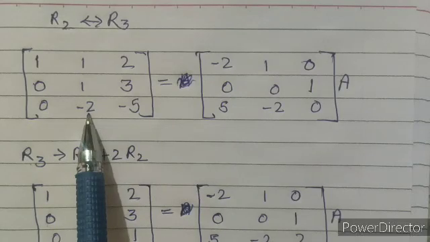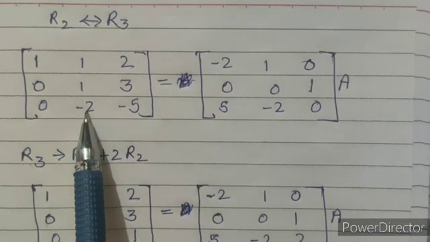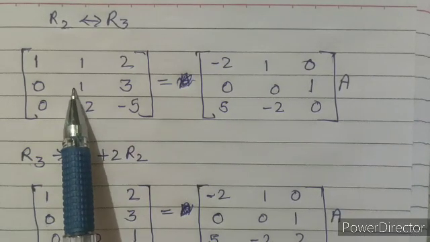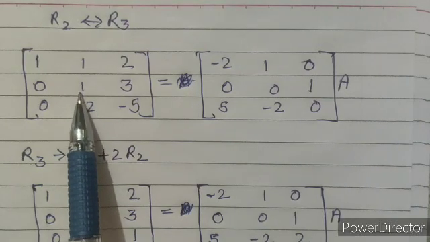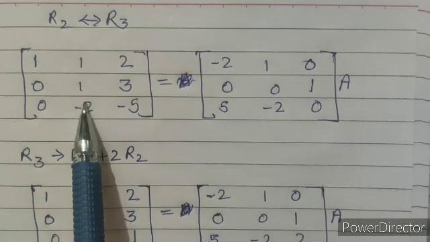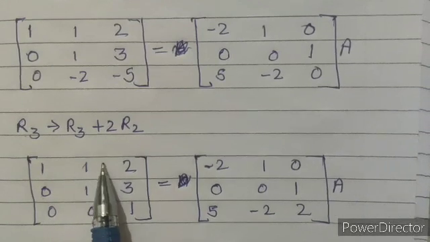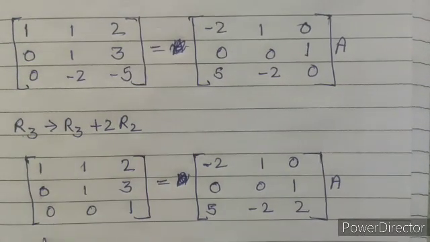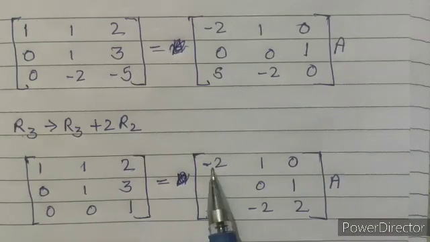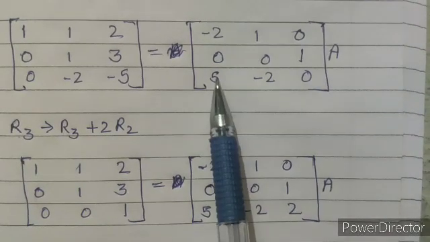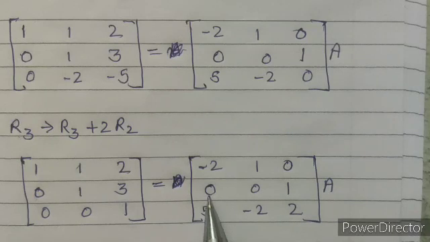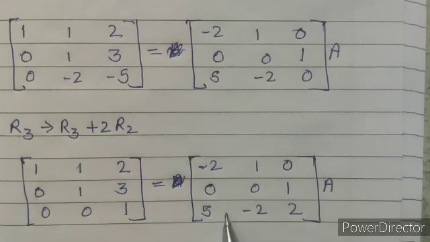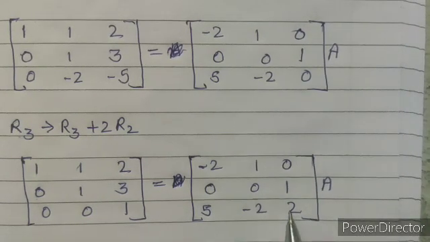That means we can change row 3 by row 3 minus 2 into row 1. Now row 2 will remain the same. Now this will give us row 3 as 0 0 1, and here on the right hand side the row 3 will become, we are changing row 3, so it will become 5 minus 2, 2.